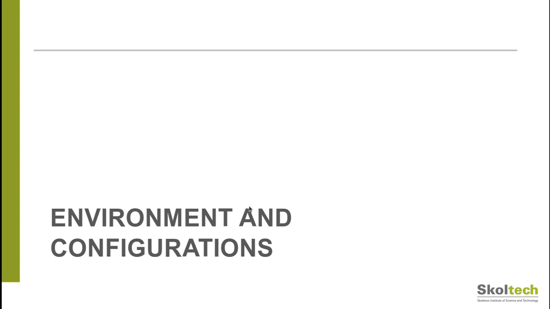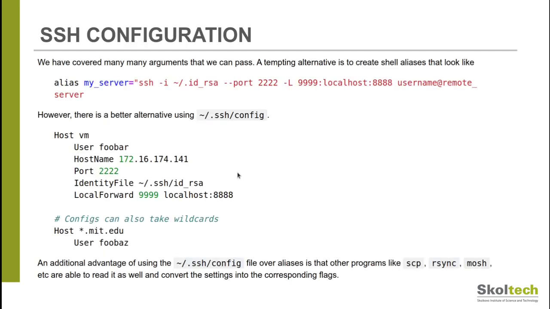Let's talk a little bit about environment and configurations. With talking about SSH, we have covered many arguments that we can pass. A tempting alternative is to create shell aliases that look like the one on the slide. Here we alias with one word, my server, the whole long line of port forwarding and connection.